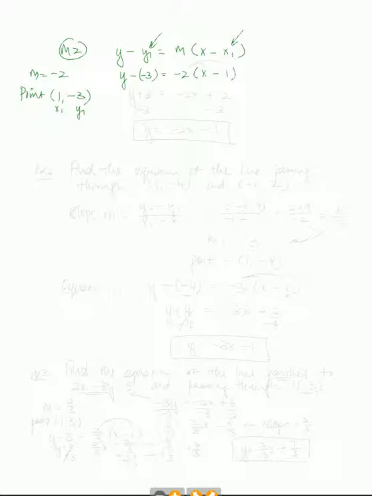So what you have is y plus 3 equals -2x, because I need to distribute that, and -2 times -1 is positive 2. So when I subtract 3 from both sides, my answer is y equals -2x minus 1, just as before.